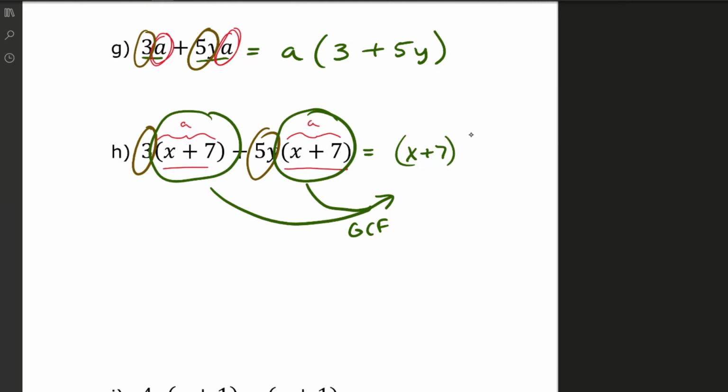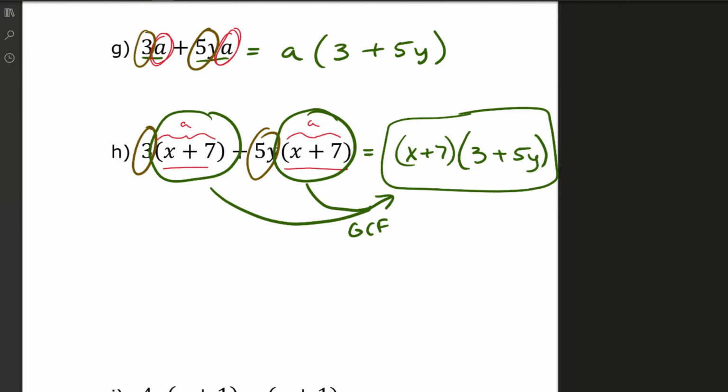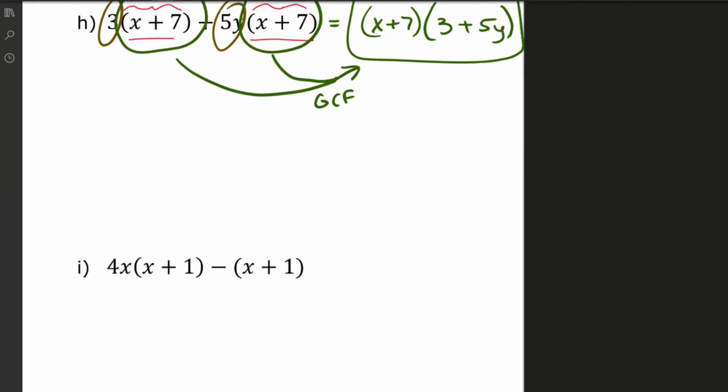And then left behind will be a 3 and a 5y. So 3 plus 5y. So almost the exact same as that previous problem, just it looks a little different from what you're used to. So try that with this problem down here.